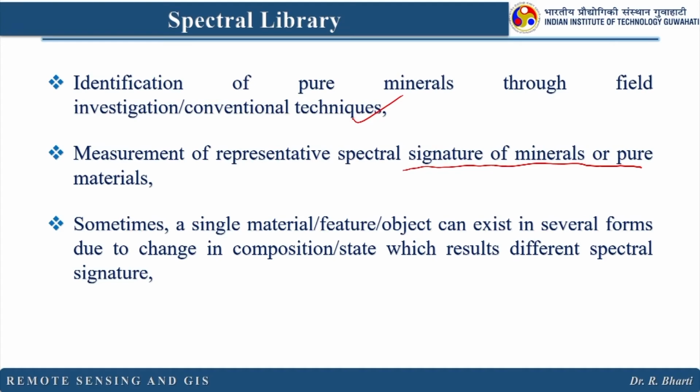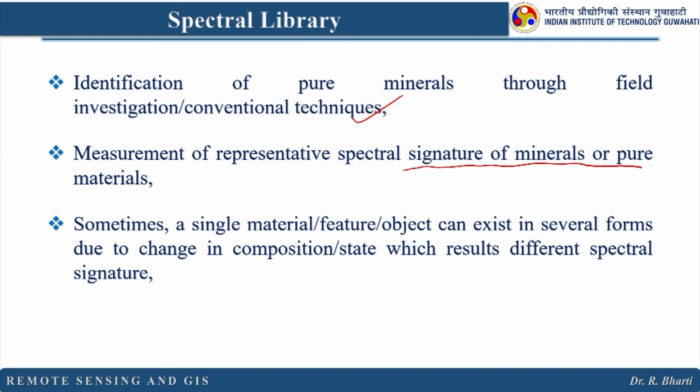Now, sometimes a single material or feature or object can exist in several forms due to change in composition or state, which results in different spectral signatures. Like water: water, ice, snow, snowflakes, all of them have different properties in different wavelengths.